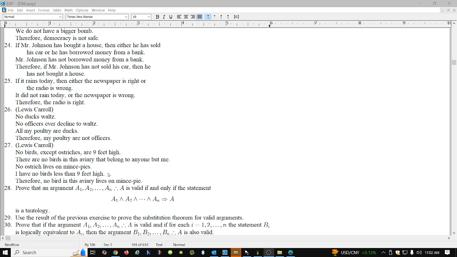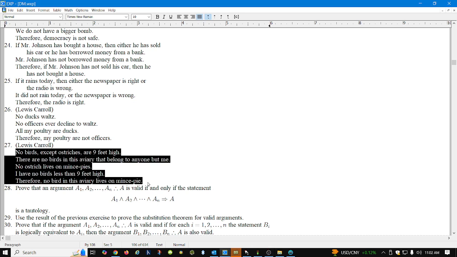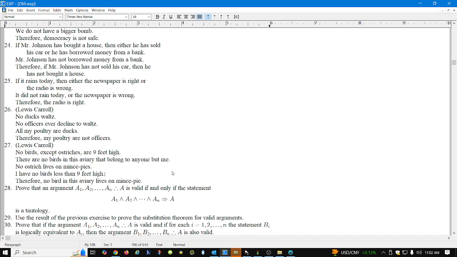You know, these are obviously ridiculous, but it might be worth giving it a few moments to see if you can sort out the validity of this argument just by rereading it several times using your intuition. You know now that you have a method for testing validity that always works.